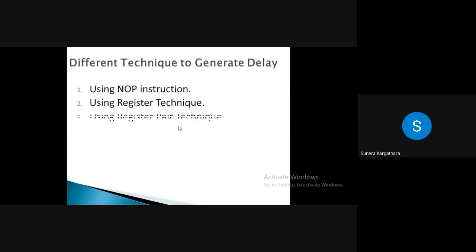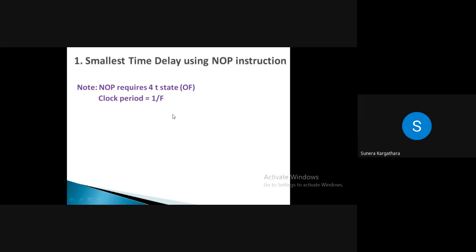The very first thing is the NOP instruction. Now student, the NOP instruction itself gives us a description that it will perform nothing. NOP matlab no operation. NOP is no operation. That means if you are writing this instruction, it will do nothing. Then why are we using this instruction?